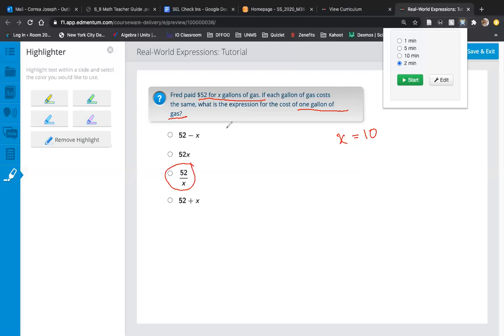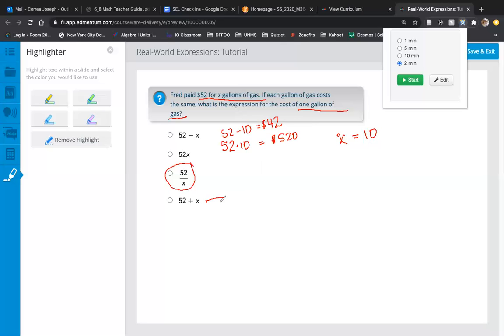You said, okay, 52 minus 10 gives me 42. And I would say, does it make sense that my gallon of gas costs $42? I'd say no way, because I bought 10 gallons. That doesn't work. If I tried this one here, we'd say, okay, 52 times 10. Does it make sense that my gallon of gas costs $520? No way, right? So the only one that makes sense is this one here.